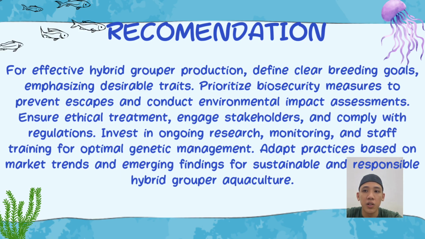Invest in ongoing research, monitoring, and staff training for optimal genetic management, and also adapt practice based on market trends and emerging findings for sustainable and responsible hybrid grouper aquaculture. So by using these methods, I think we can have effective hybrid grouper production.